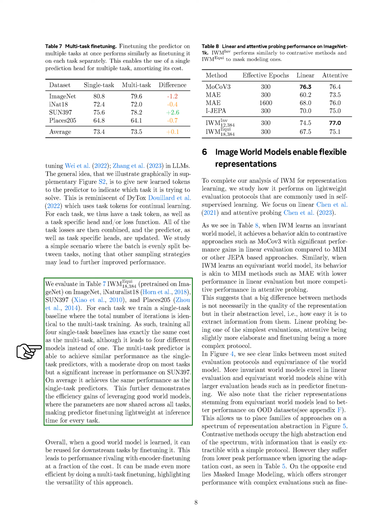Remarkably, the multitask predictor achieves comparable, if not superior, performance to the single-task predictors, with a notable improvement on SUN 397. On average, its performance aligns with that of the single-task models, underscoring the efficiency benefits of leveraging robust world models that share parameters across tasks, thereby streamlining predictor fine-tuning and inference.